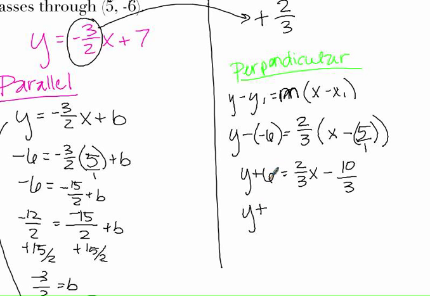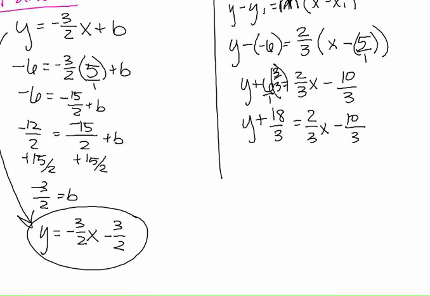To convert it to thirds, we multiply by 3/3. So 6 times 3 is 18, 3 times 1 is 3. So now we've got this equation, and I'm going to subtract 18/3 from both sides of my equation.